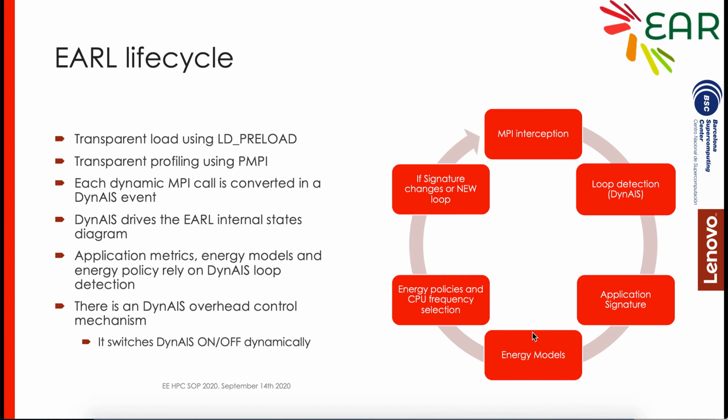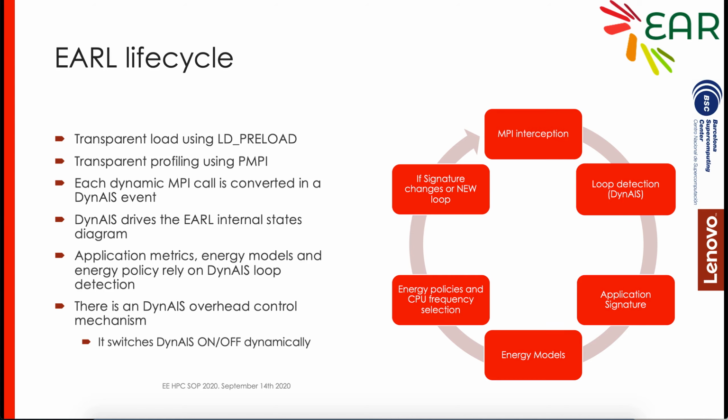Energy models depend on the hardware, and once the energy models are applied and we have projections for time and power for all the CPU frequencies, we apply the energy policies. The energy policy selects the CPU frequency, and this internal loop of the EARL library is executed again in case a new signature, that is a change in the application behavior or a new loop, is detected.